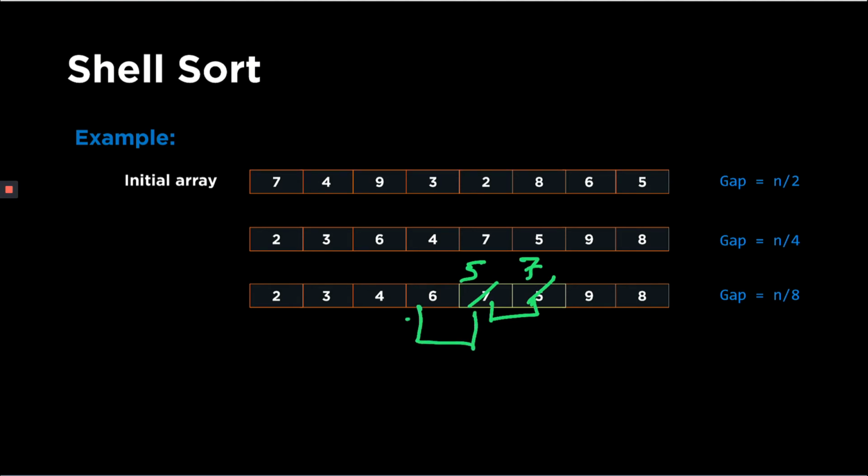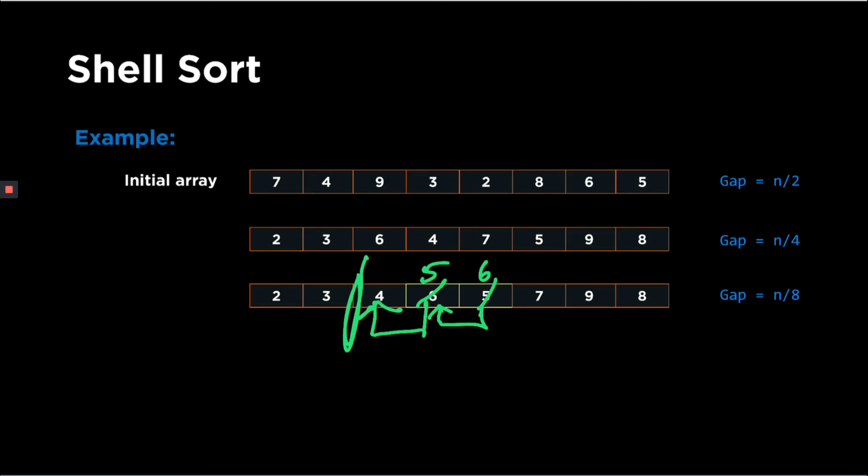Now 5 will be compared with 6 because that's its previous element. 5 and 6 are out of order, so we swap these two, which is 5 here and 6 here. Now 5 will be compared with the previous element. Since they are in order, we can stop right here.